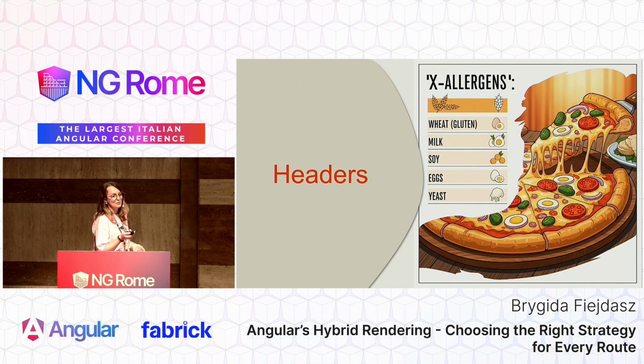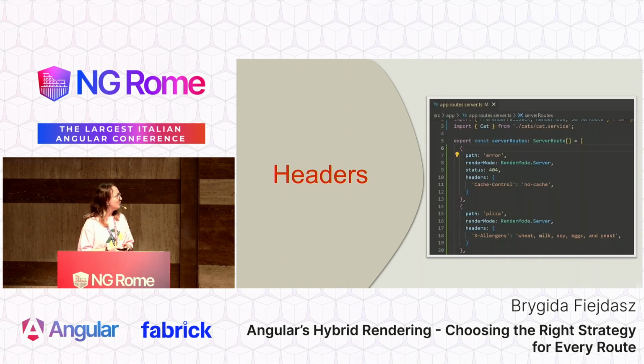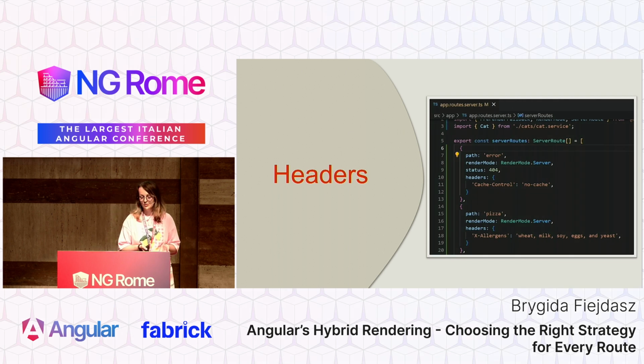So you can also define your custom header like this, or use a different one, maybe define some cache control header. So it's pretty easy. You can just add the property headers to the route definition.